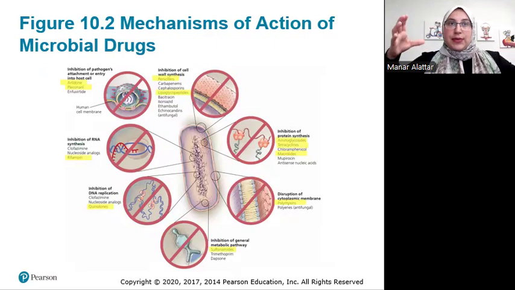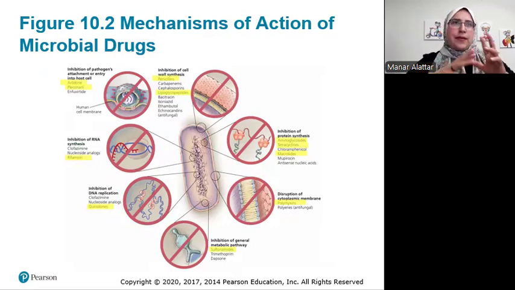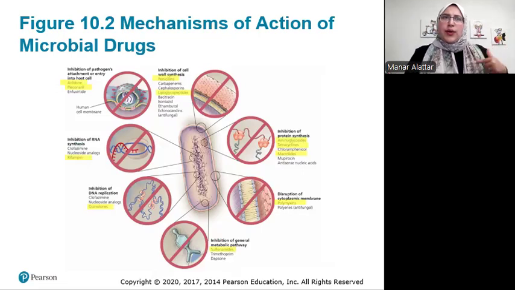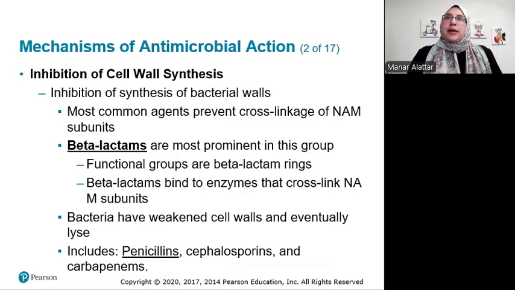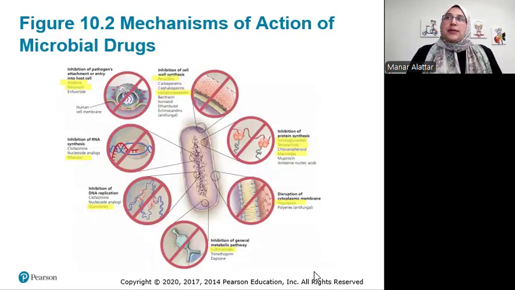So first we'll go from the outside of the cell, so the cell wall, to the cell membrane, and then we'll go into the cell, starting with the central dogma as our guide, back to DNA, inhibition of DNA replication, and then RNA and protein. And so in that way, we can go through them in a way that's a little bit more logical. Okay, so let's start with the outside of the cell.